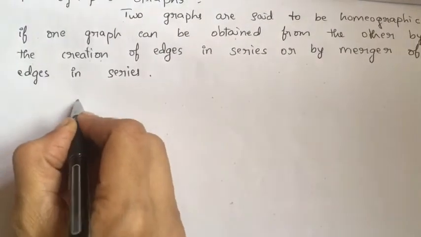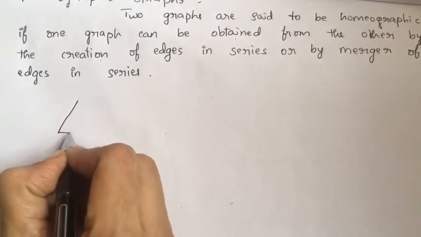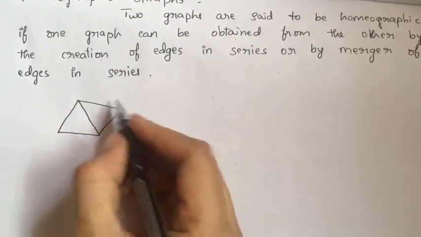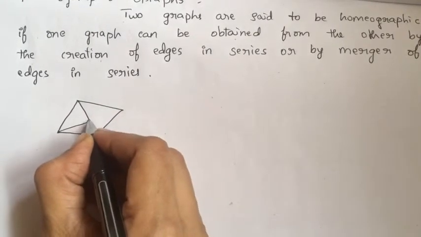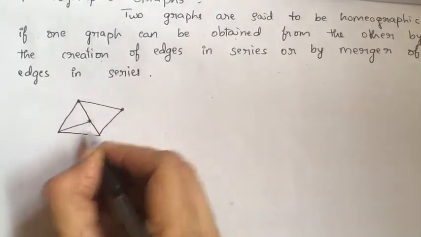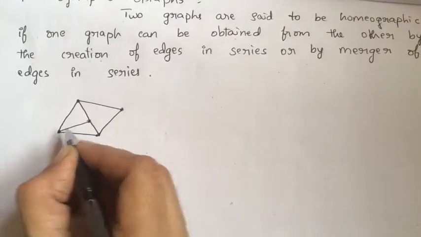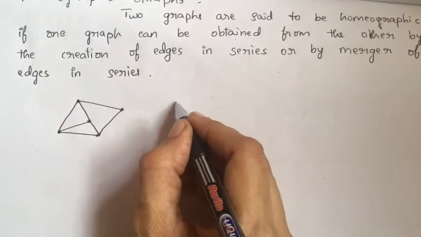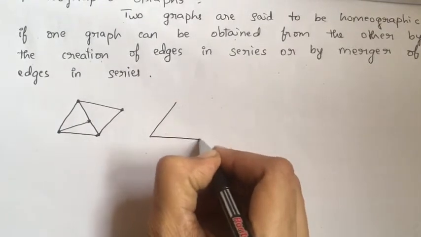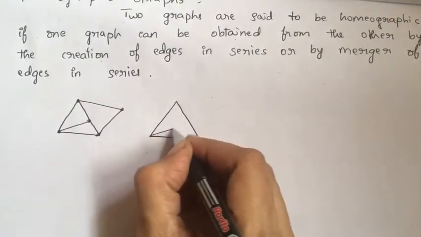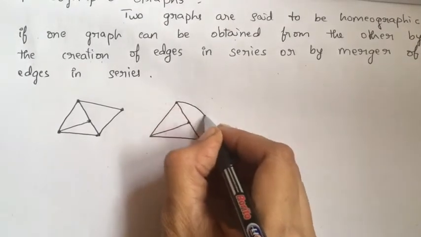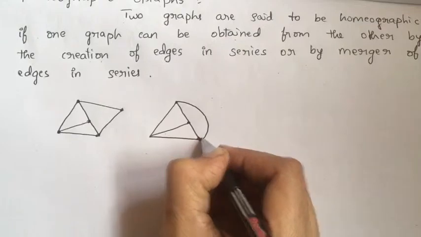Suppose this is my graph. These are the vertices. From this graph I am obtaining one more graph like this. These are common, I am just taking them like this.